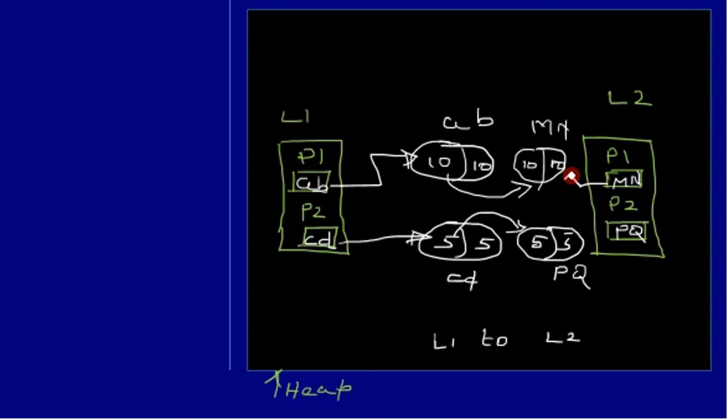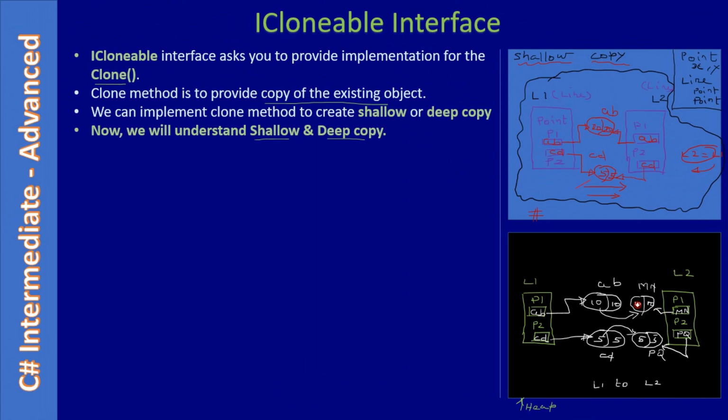M1 is pointing here and PQ is pointing to this heap location. If you see, there are totally 4 point heap locations. Line 1 is referring to 2 point instances and L2 is referring to 2 point instances, so there are 4 points in total, and all 4 are at different locations.